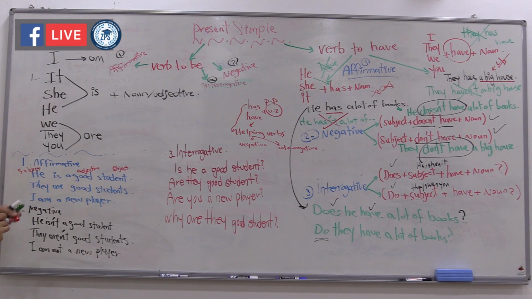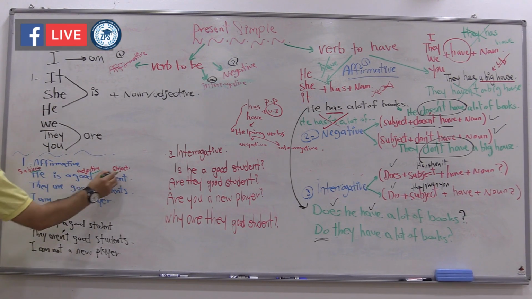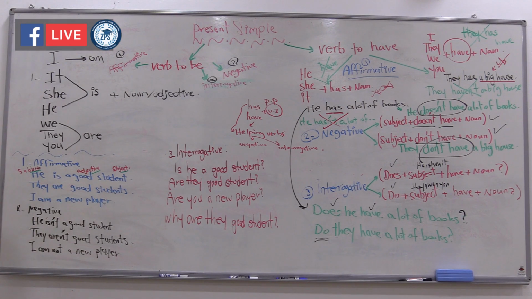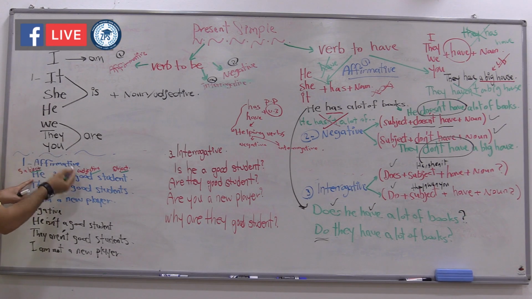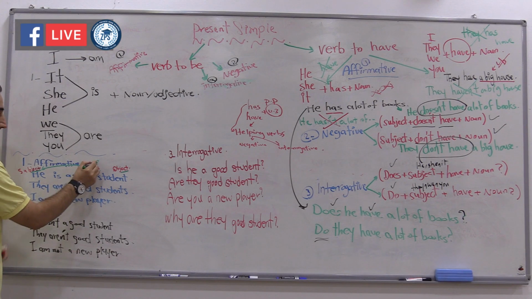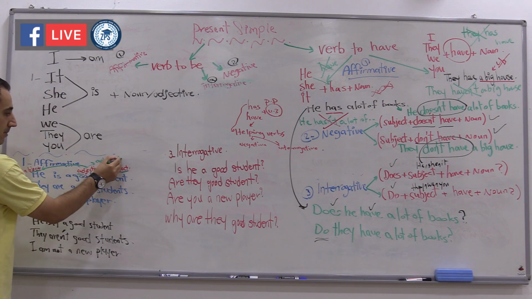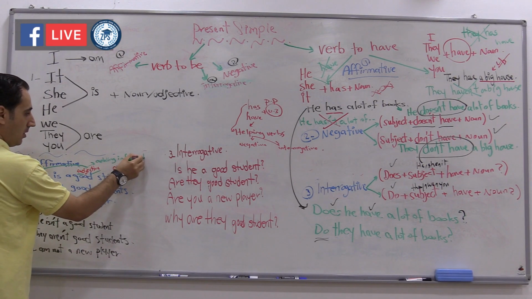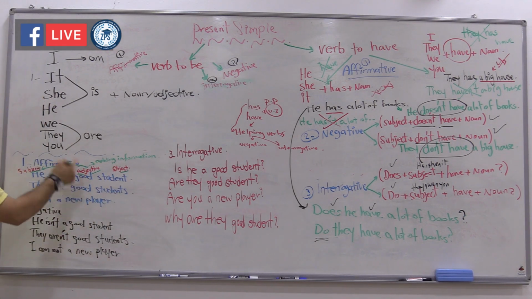So subject, adjective, and object. Okay, so subject at the first, and the adjective describes the subject. It means adding information about someone. This is called an adjective.